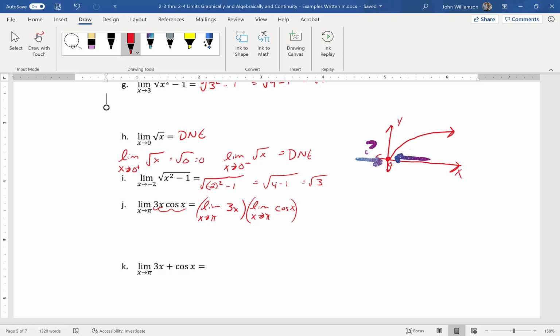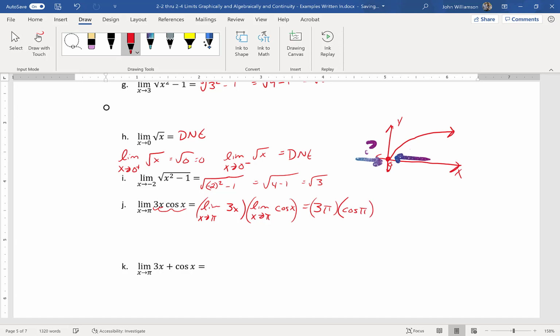Now, also notice that I carried the limit notation through because I haven't evaluated that limit yet. I have not substituted in for my pi yet. I haven't done anything to find the limit, so I have to keep going with the limit notation. So now I'm direct substituting, plugging in pi for x. So this becomes 3 pi times now cosine of pi.